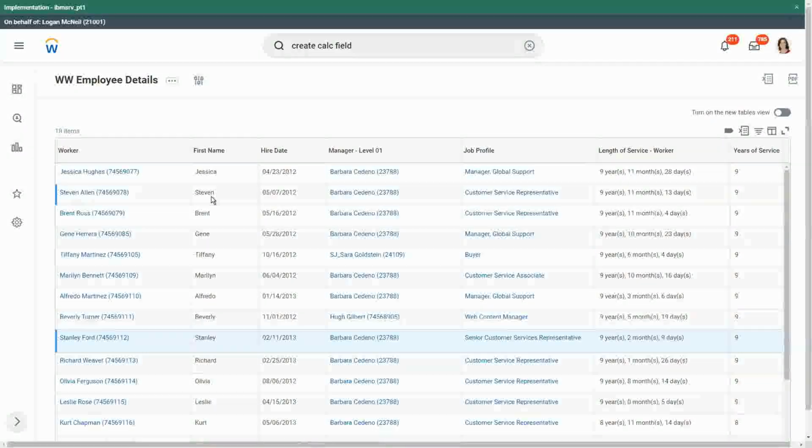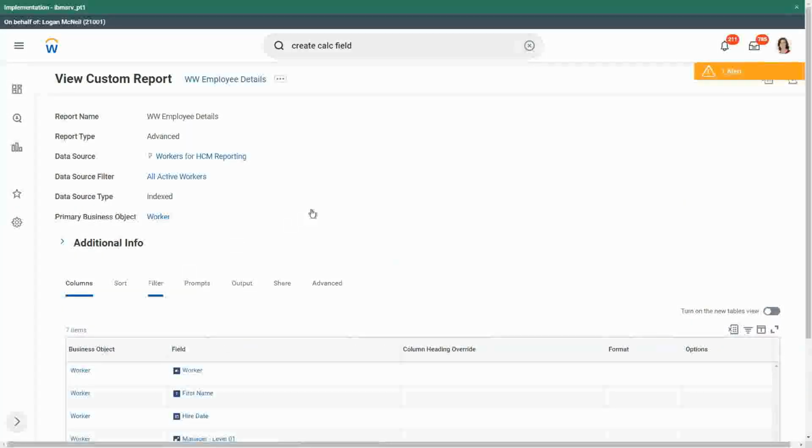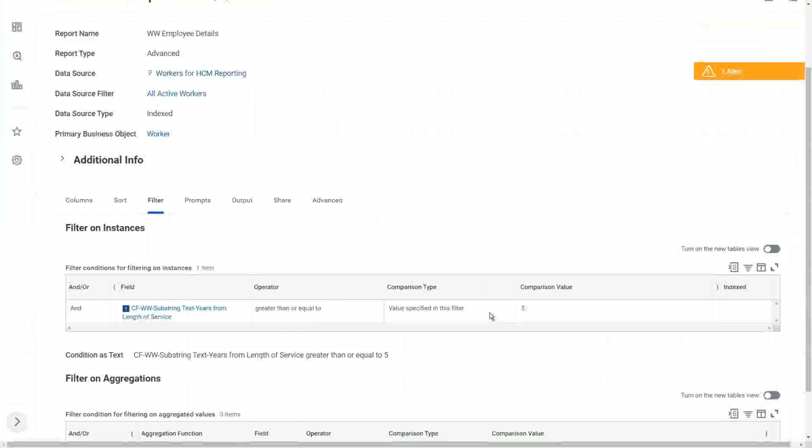What can be the problem? It's just taking a single digit, okay. But then, when I created the filter, I said greater than or equal to 5. Isn't it? You said it is greater than or equal to 5. So what should we be using in the filter?